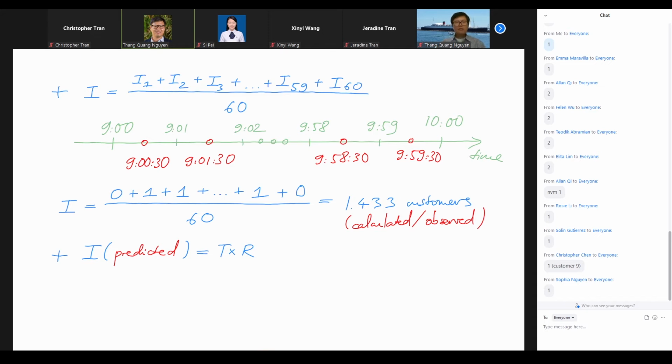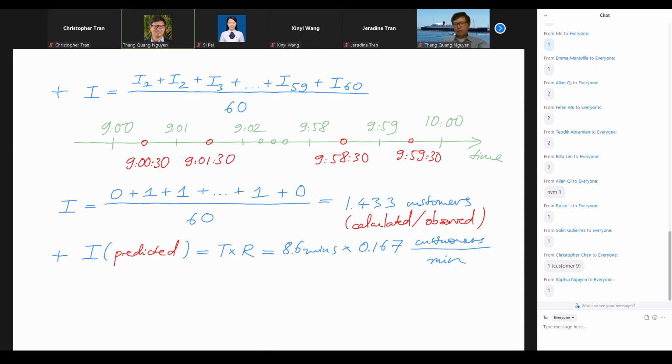This is a very simple equation. Let's write it out. So the flow time is 8.6 minutes. And then you multiply with the flow rate, which is 0.167 customers per minute. So the minutes will be canceled out.